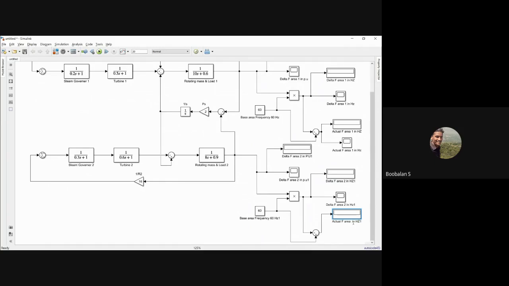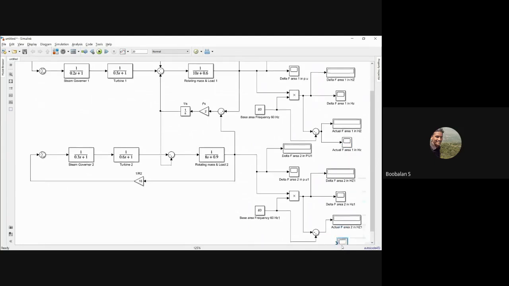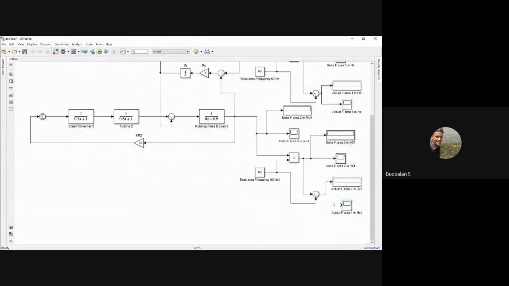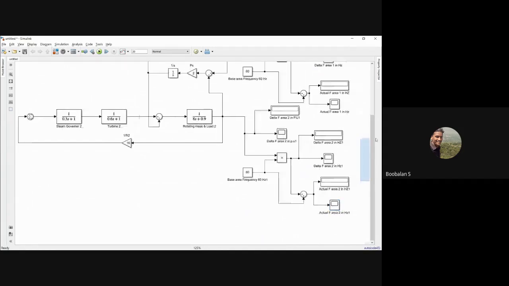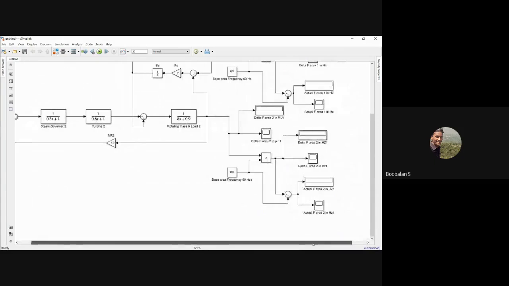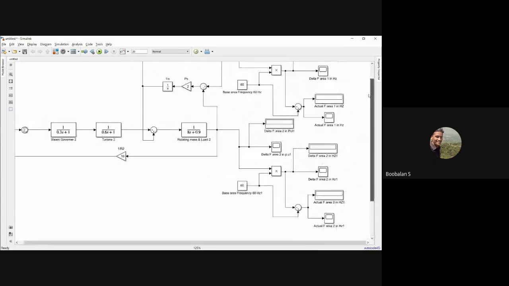I need area number 2, and I need the actual frequency in scope. I need this one block also, right? Area number 2. Got the meaning right now? So let me display one pack, right? Got the idea. Now we'll just run it for 1 second.